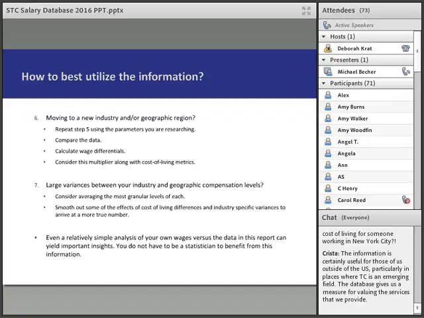So instead of necessarily looking at a state level, if you have an MSA level, you take that. Or if you're looking at the industry and you have a 4 or 5 digit NAICS code, you would want to look at that instead of a 2-digit NAICS code. And then once you have that, you could take that $70,000 and that $90,000, and average them out to 80. And that might be a good way to do it.